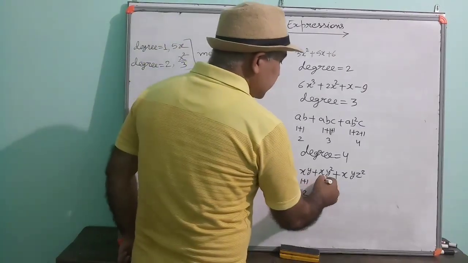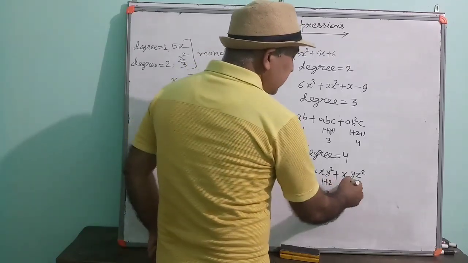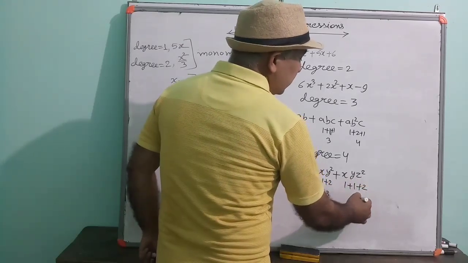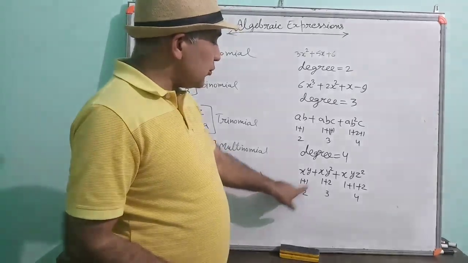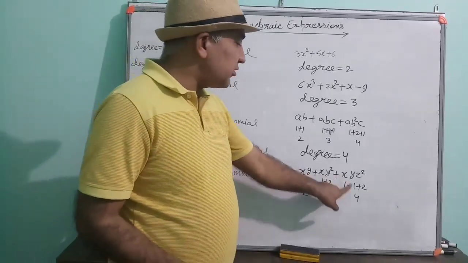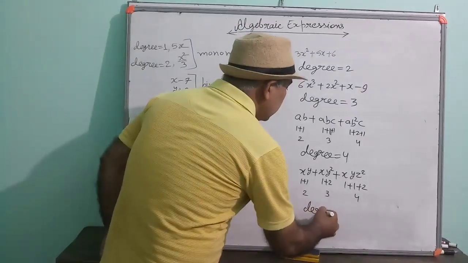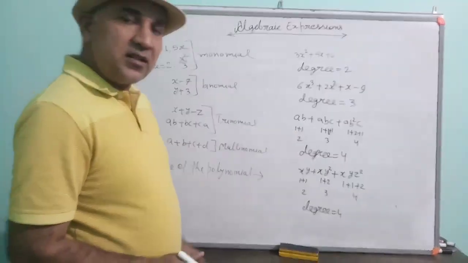Now degree for this term is 1 plus 2, that is 3. Here x power 1 plus y power 1 plus z power 2, total is 4. First term power is 2, second term power is 3, third term power is 4. So degree will be, here degree is 4. Is this clear?